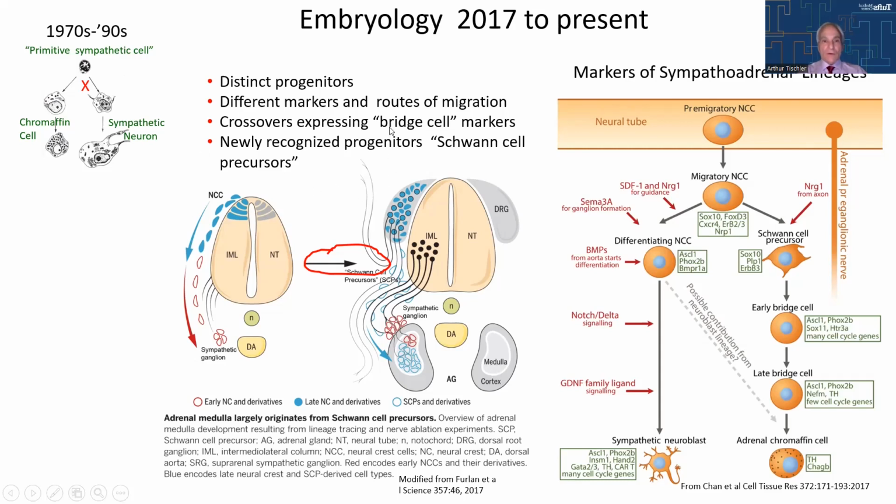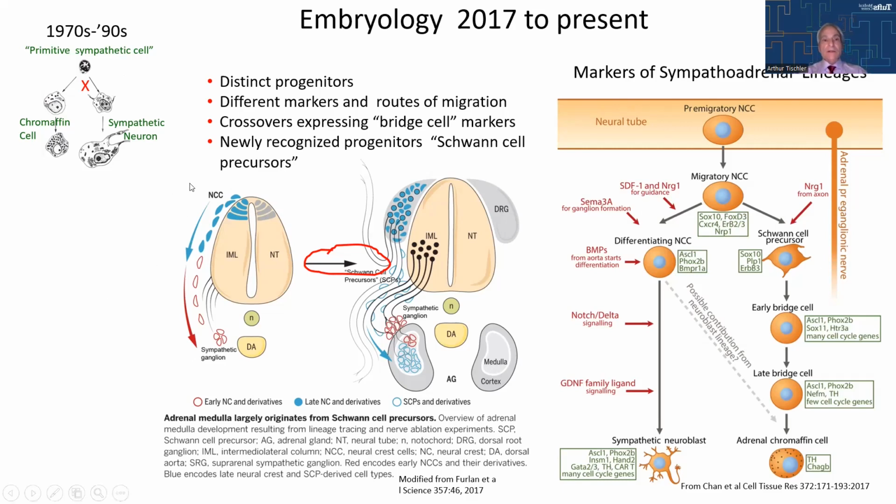There are some crossovers expressing bridge cell markers, especially in humans, and some of these bridge cell markers are illustrated here. And there are newly recognized progenitors called Schwann cell precursors that may constitute the majority of cells contributing to the development of the paraganglionic system.